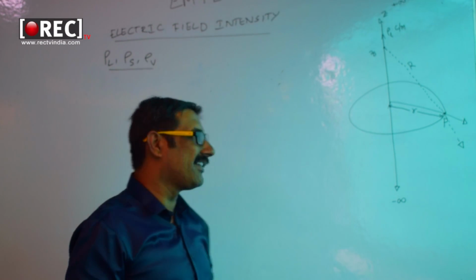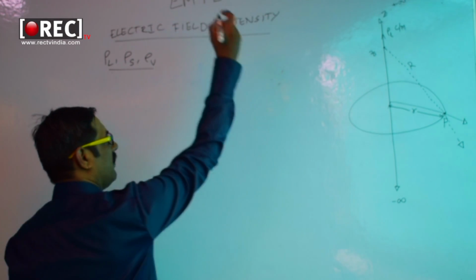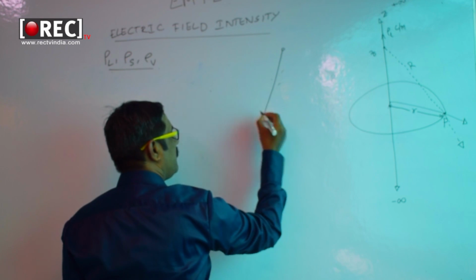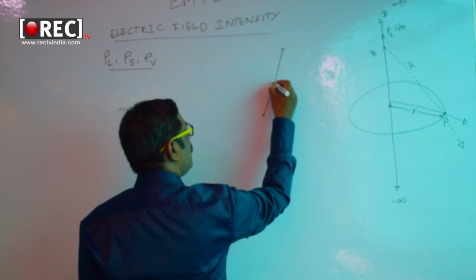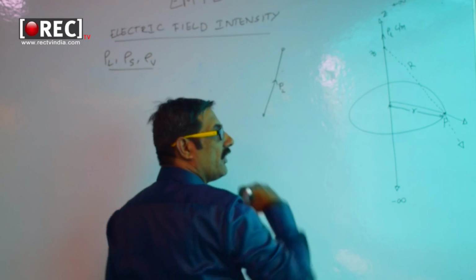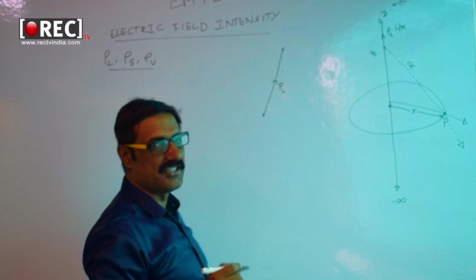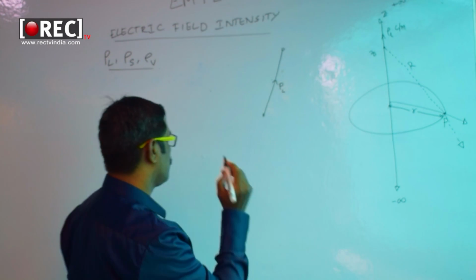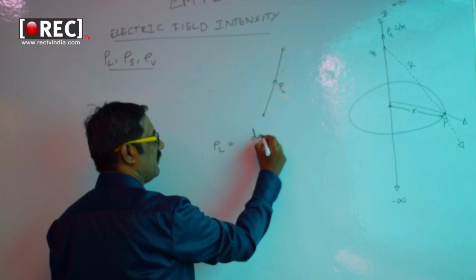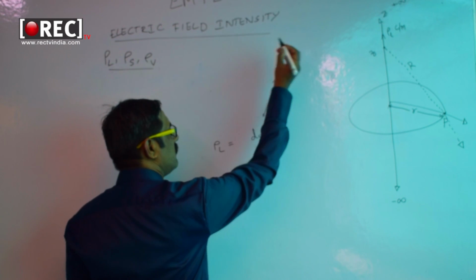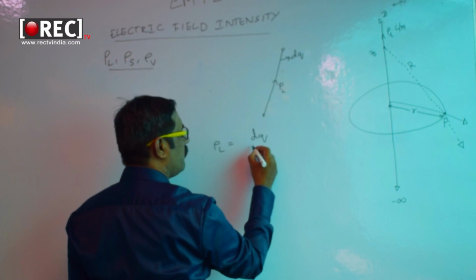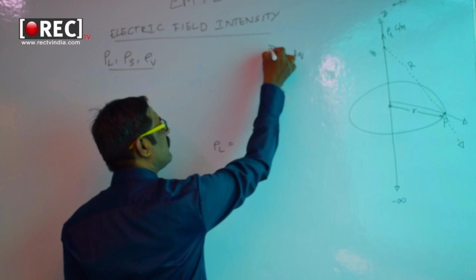Now let me explain what rho L is. If we take a simple wire, which is an example of a linear charge distribution containing a charge density rho L, then rho L is simply the linear charge density. That means it is defined as follows: the charge contained in the wire is dq, and let us say its length is dl.